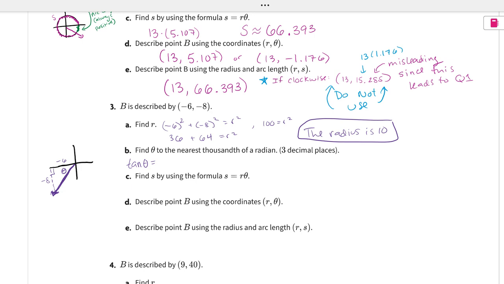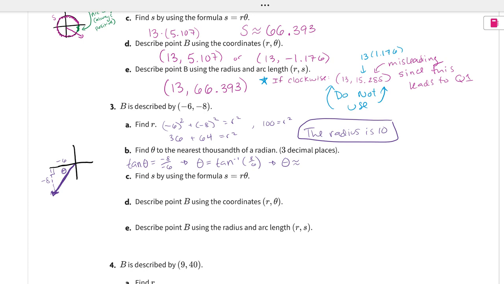So equals negative 8 over negative 6. Well, that's the same thing as tan inverse of 8 over 6. Those negative signs reduce out. They're not needed, and even if you leave them in when you calculate, your calculator is still going to read it as positive 8 over 6.